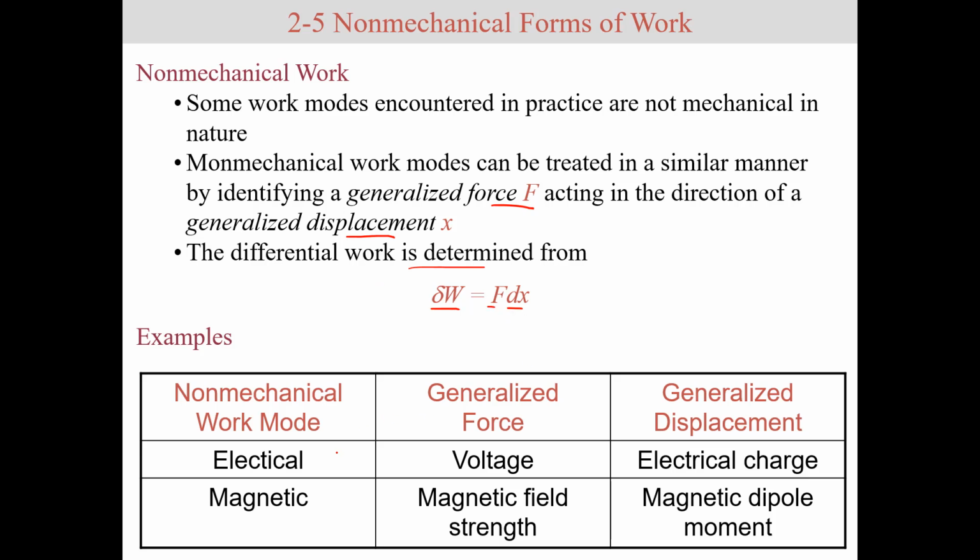Examples would be electrical or magnetic. The equivalent of force for electrical work is voltage, and the equivalent in magnetic work would be magnetic field strength. The generalized displacement would be electric charge for electrical work, and magnetic dipole moment for magnetic work.